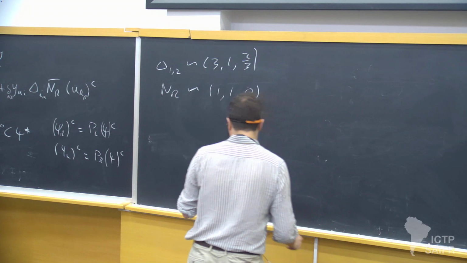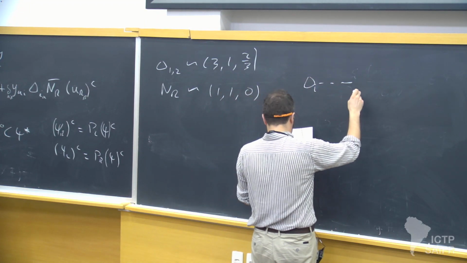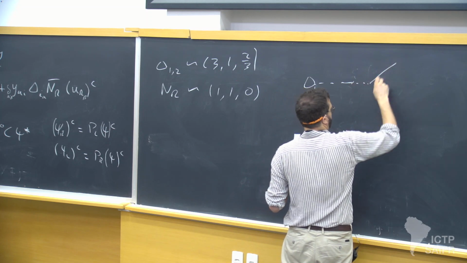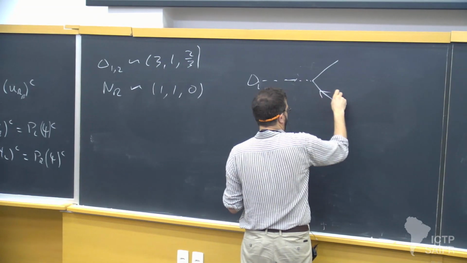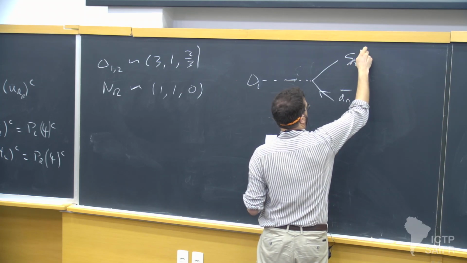So the possible decays this gives us is that delta i goes to d_R bar s_R^c.